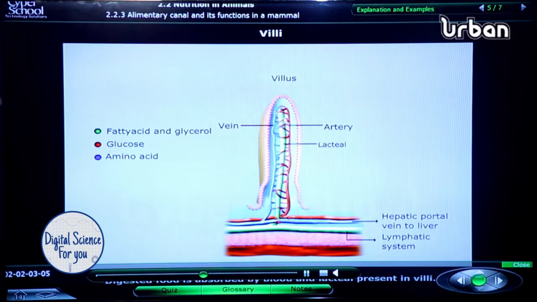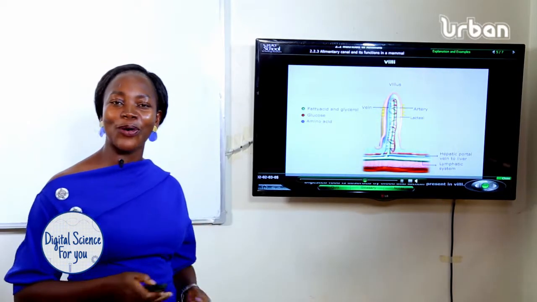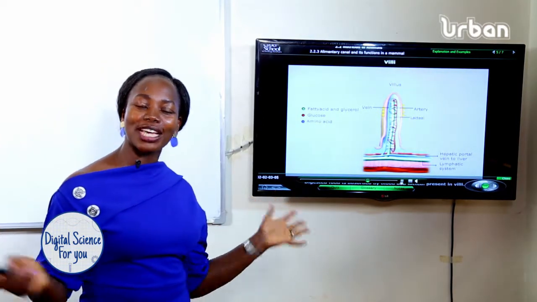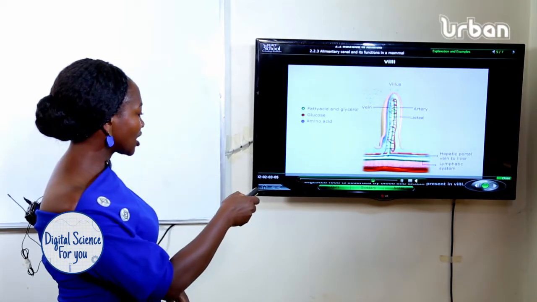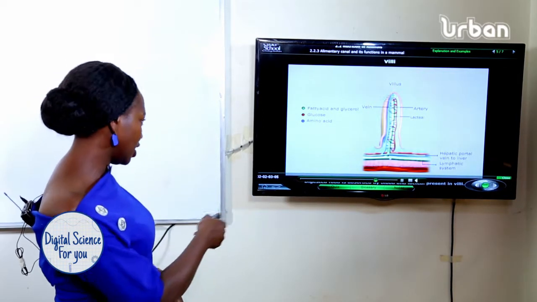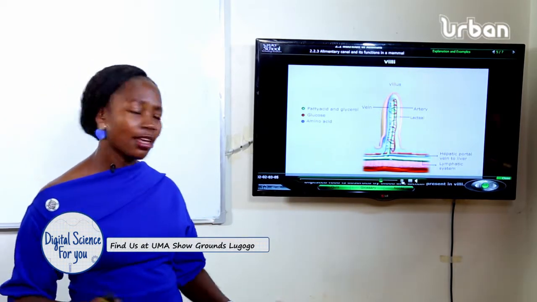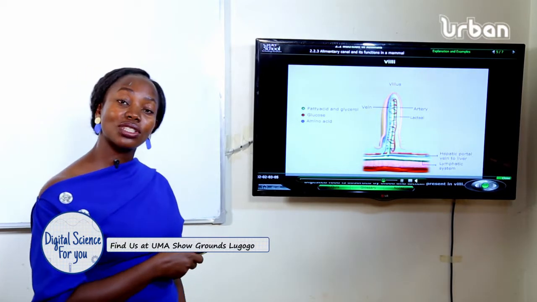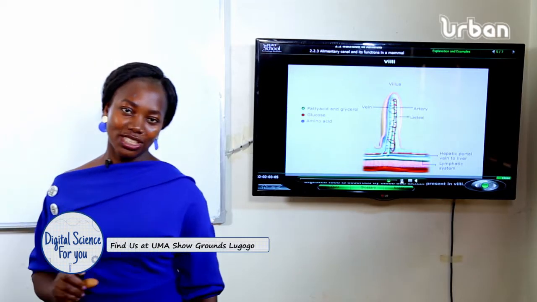The blood vessels, the vein and artery, enable food to be absorbed and get transported to all parts of the body, so that the proteins can cause you to grow, the carbohydrates or glucose can cause you to have energy, like that. Then the lipids are transported in the lacteal. Wonderful. Thanks to digital science, we can see the things clearly. They're in different color, which is not possible when we are drawing on the blackboard.